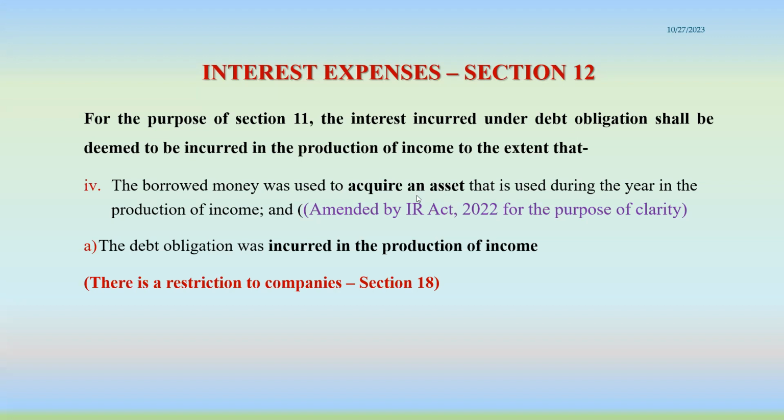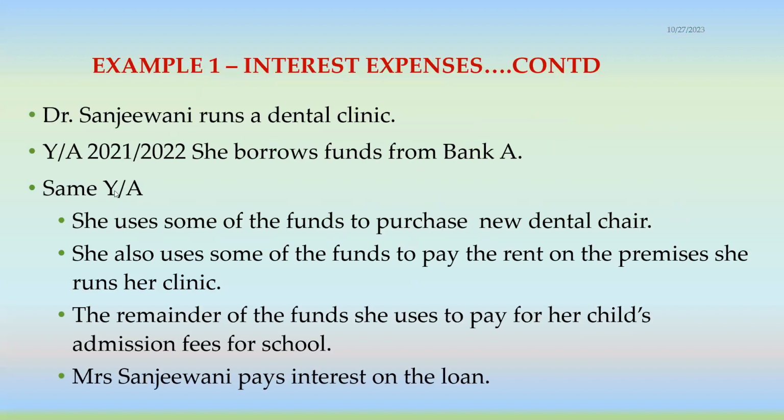Suppose in the year of assessment 21-22, she purchased this asset, and when she makes the interest payment, we can allow that interest as a deduction. But in the year of assessment 22-23, she sells it, but the loan is still there.